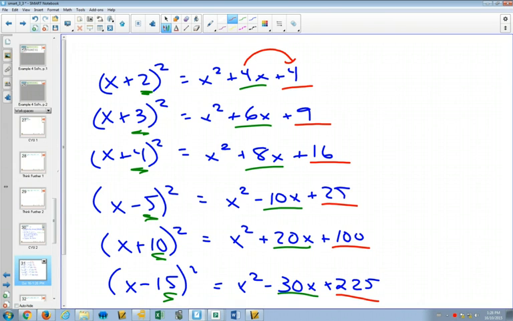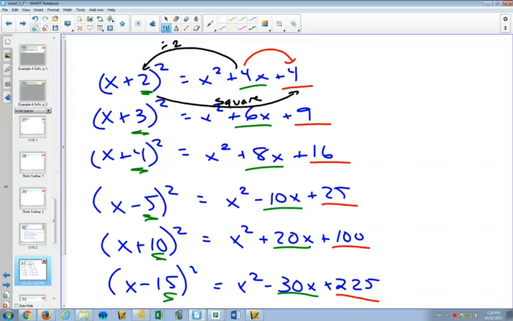And what always happens with the red number at the end? It's always 3 squared is 9, 4 squared is 16, negative 5 squared is 25, 10 squared is 100, negative 15 squared is 225. So if we wanted to go directly from here to here, right, this pattern shows us, well, we went to here by dividing by 2, and then we go to here by squaring.